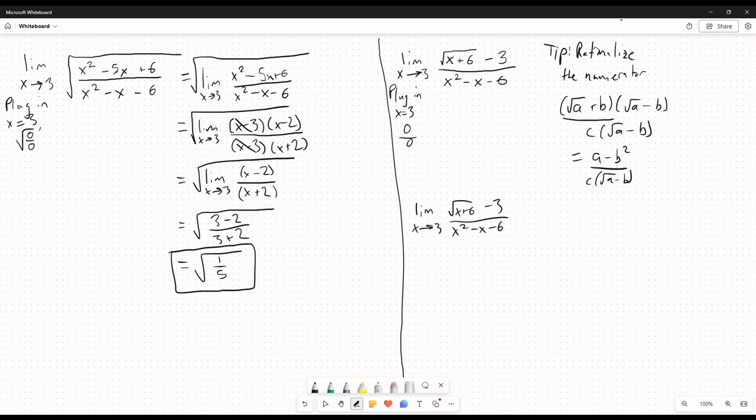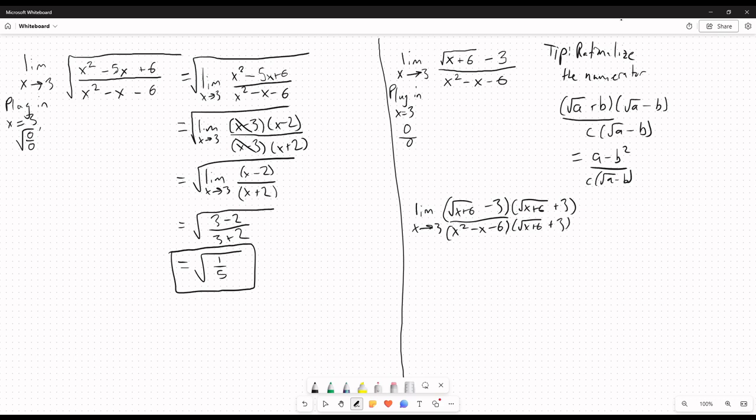And the first thing we're going to do is use this trick. It's called multiplying by the conjugate. So I'm going to multiply the numerator and the denominator by square root of x plus 6 plus 3. And again, do the same thing down here. Square root of x plus 6 plus 3.